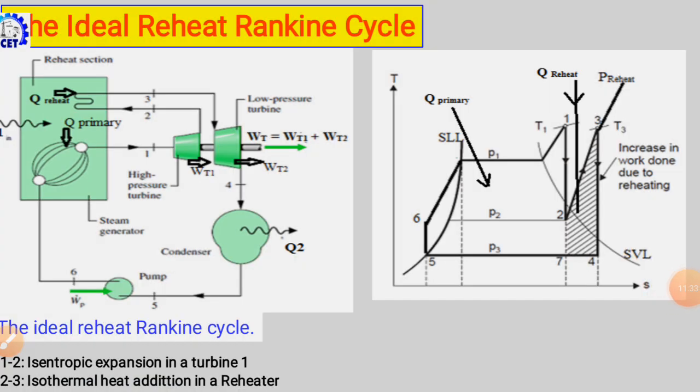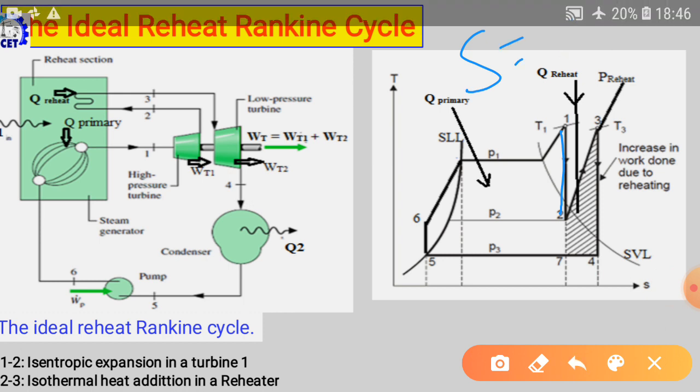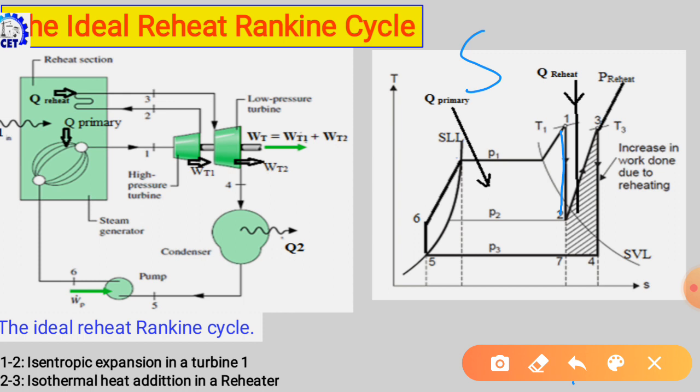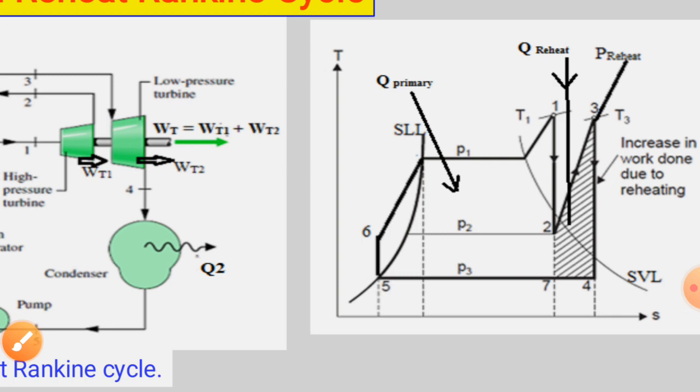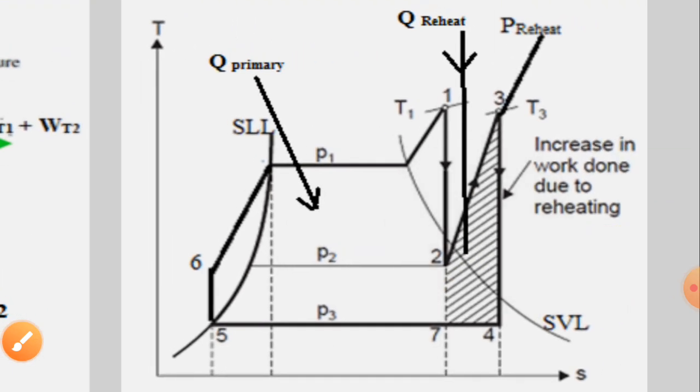This is the TS diagram. Here 1 to 2 is an isentropic process. For an isentropic process entropy is constant, so we indicate it by a vertical line on the TS diagram. This is the 1 to 2 process.